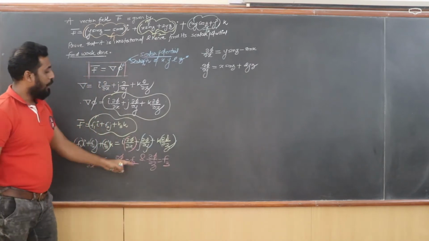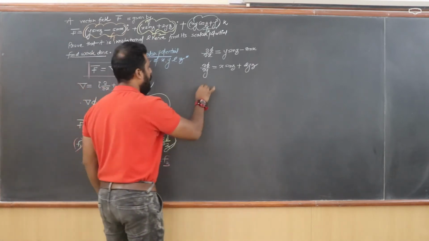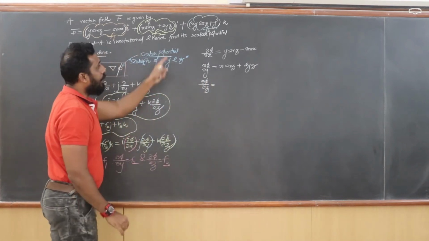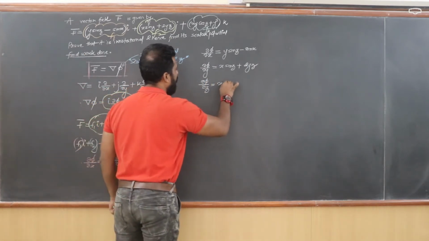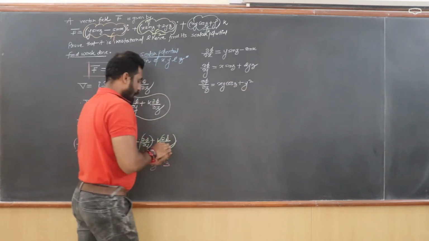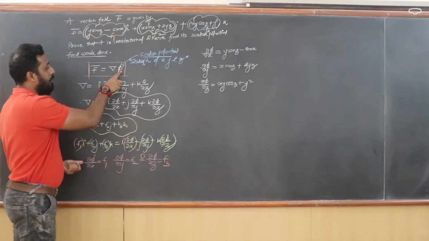And lastly, ∂phi/∂z is equal to f3, so f3 is xy cos z plus y square.